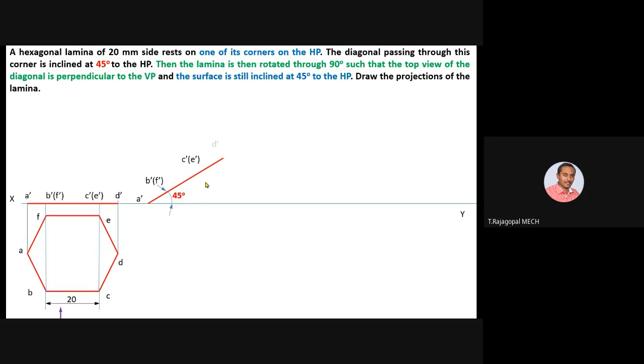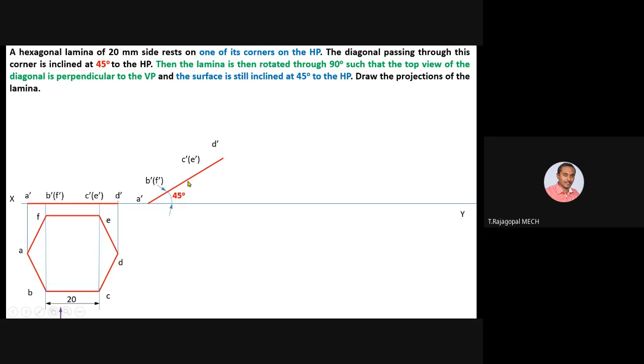Mark that. Then finally you can fix D dash. The length of this front view is similar to the length of the simple position front view. This length has to be reproduced on this 45 degree inclination line.